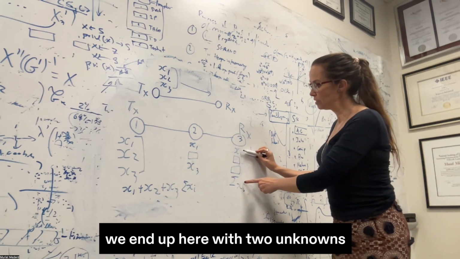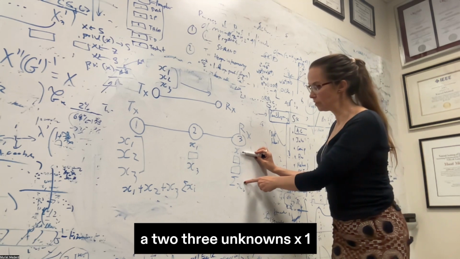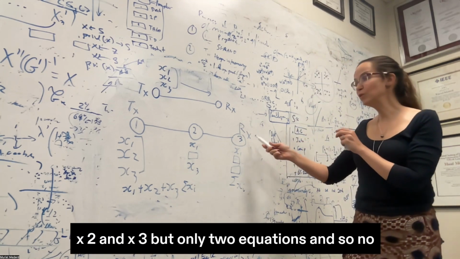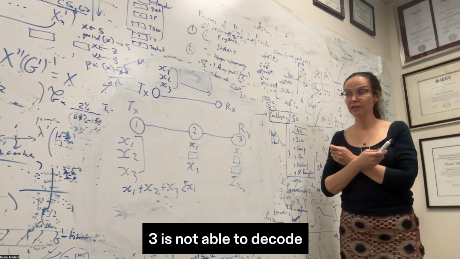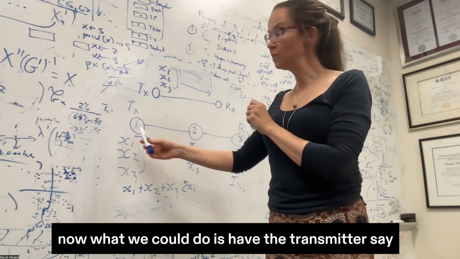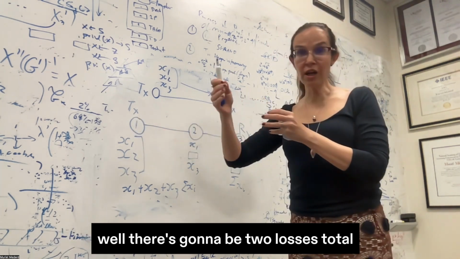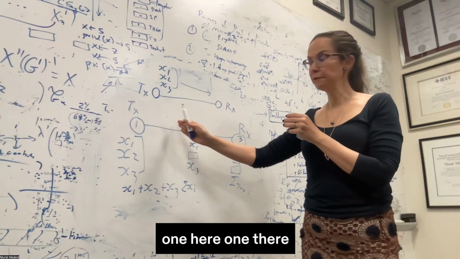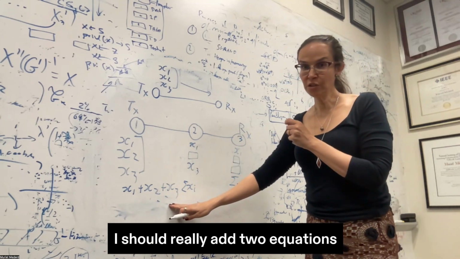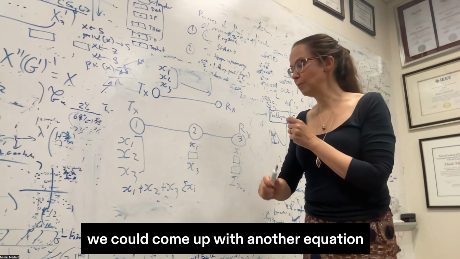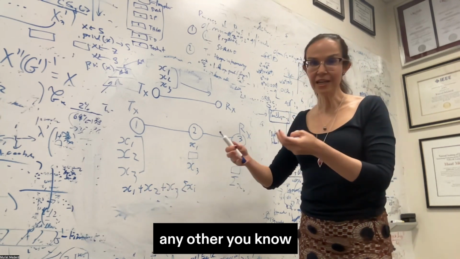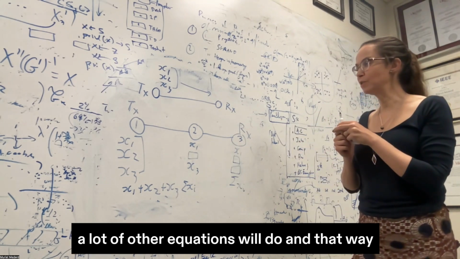We end up here with three unknowns, x1, x2, and x3, but only two equations. And so node 3 is not able to decode. Now, what we could do is have the transmitter say, well, there's going to be two losses total, one here, one there. I should really add two equations rather than a single equation. We could come up with another equation, say x1 plus 2x2 plus 3x3, any other, a lot of other equations will do.